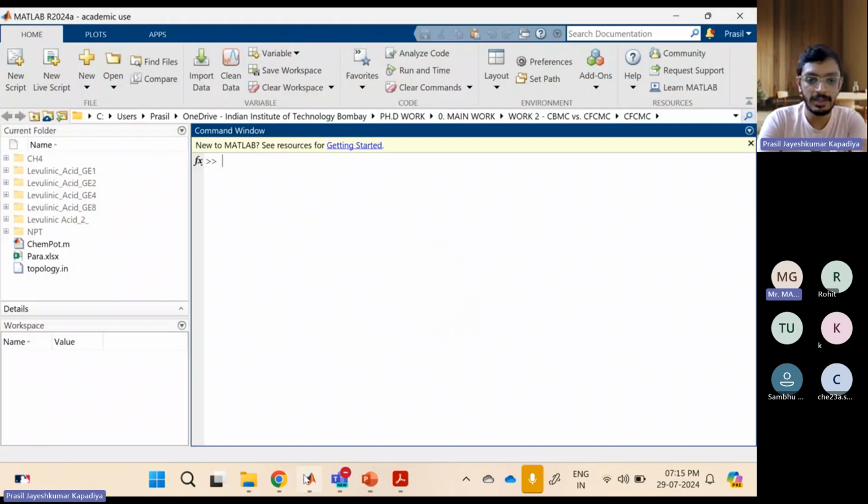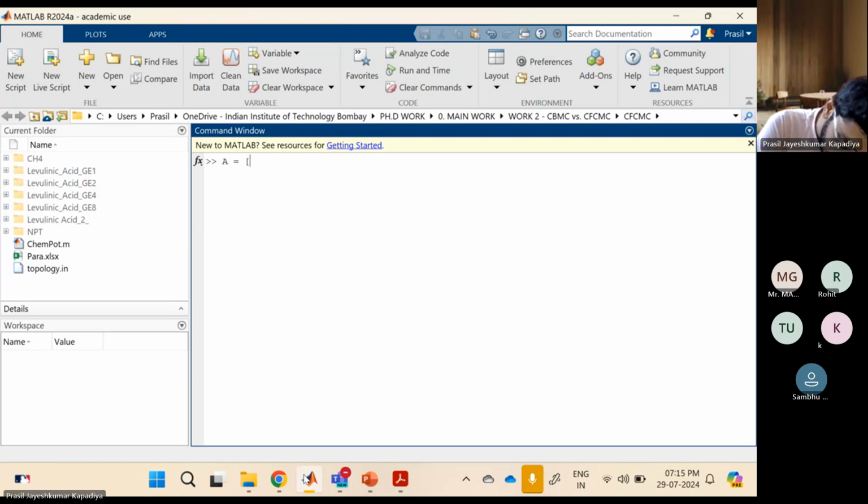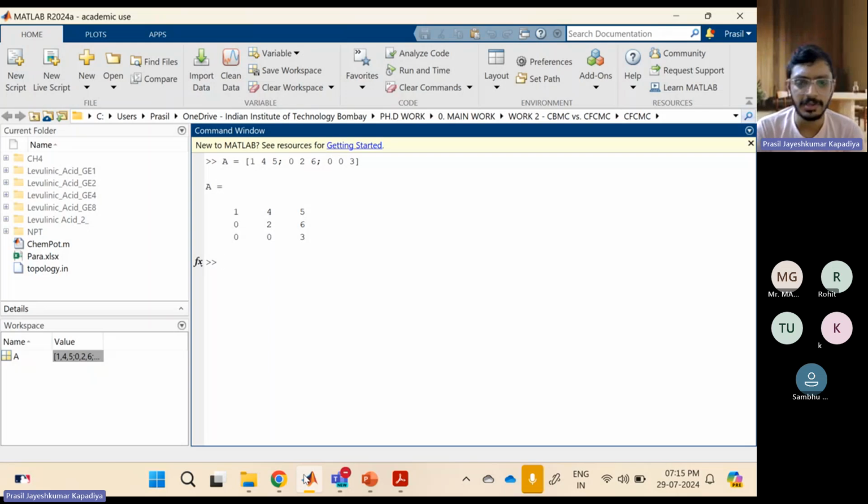Just a minute, I will write down one matrix: 1, 4, 5; 0, 2, 6; and 0, 0, 3. So this is called my upper triangular matrix, right?